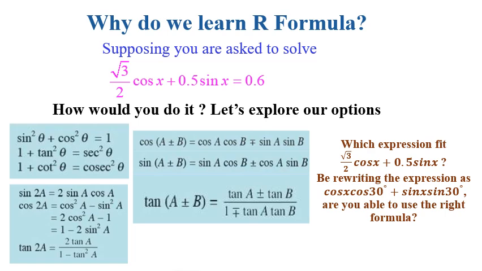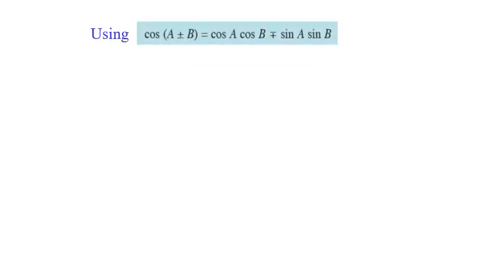And with that, which formulas on the left do you think we can use to rewrite cos x cos 30 plus sine x sine 30? Right, we can actually use the addition formulae.